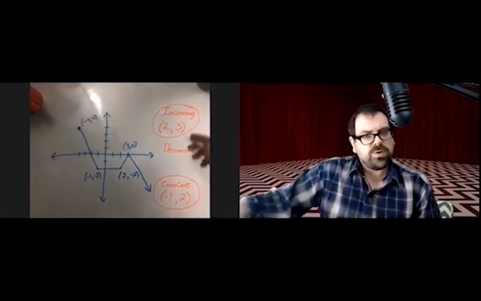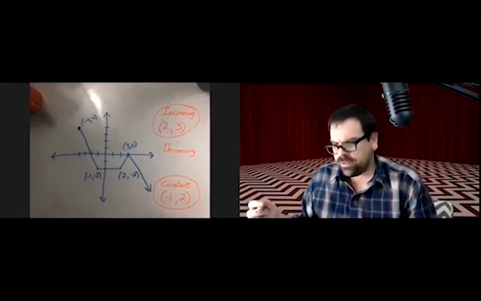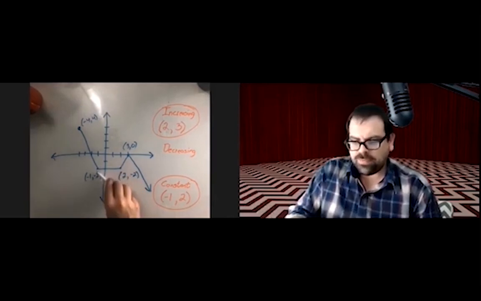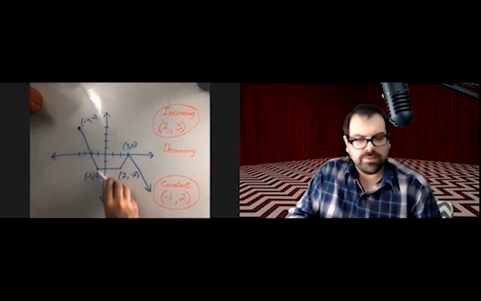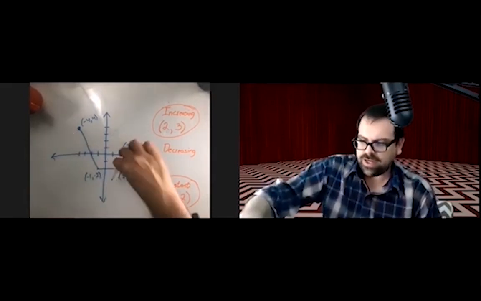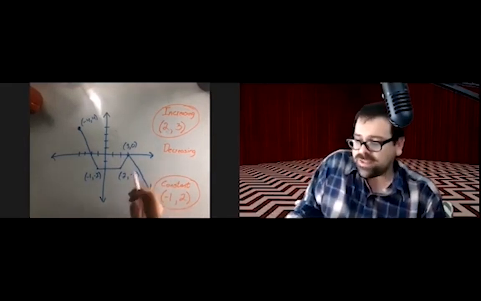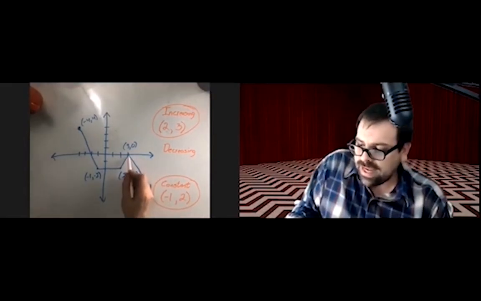Why are we not using square brackets? Why are these open intervals? It's because at the point, we're not doing anything. Between the points, we can see we're going down, we're staying straight, we're going up, we're going down. But that's between the points. At this point right here, we're not doing anything.